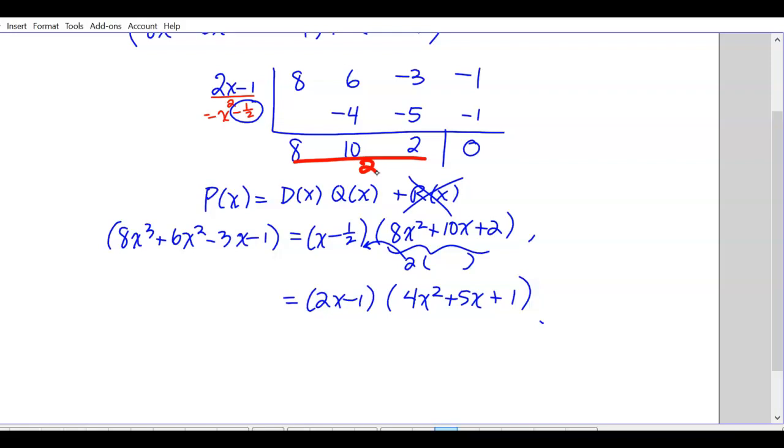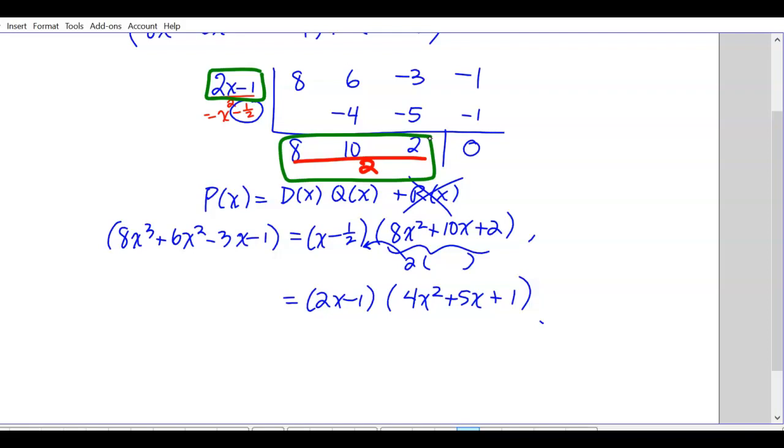So then it'll be this as my factor and whatever I get there after I divided by 2. So you don't have to show that step. This is how you understand how it works, but you don't have to do all of that.